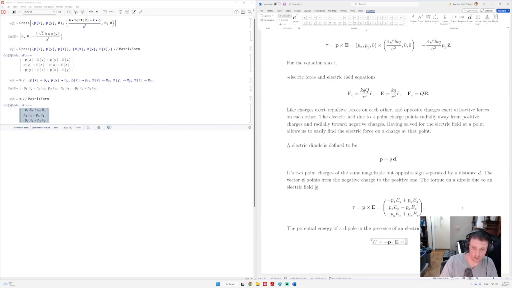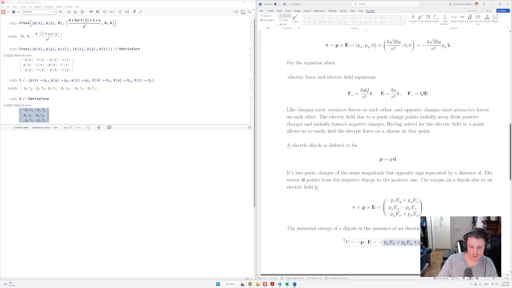Now dot products are a bit easier to crank out because it's just multiplying the x component of P by the x component of E, and then adding that to the y component of P times the y component of E, and so on. So what this works out to be is negative (Px Ex plus Py Ey plus Pz Ez).